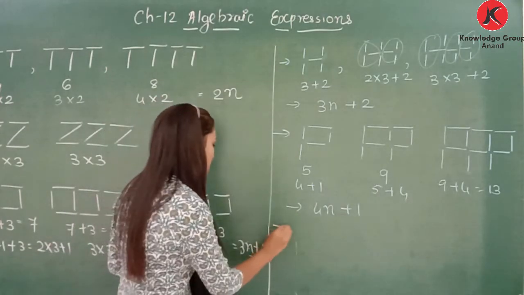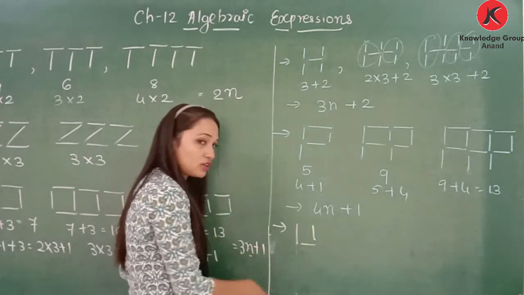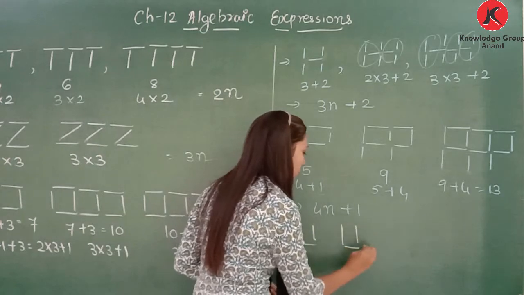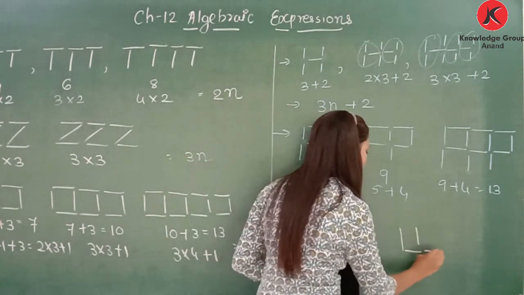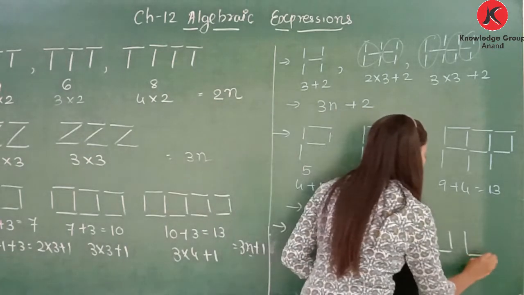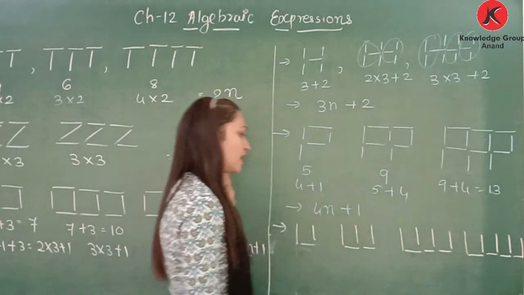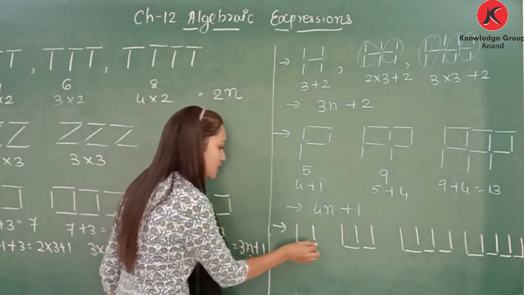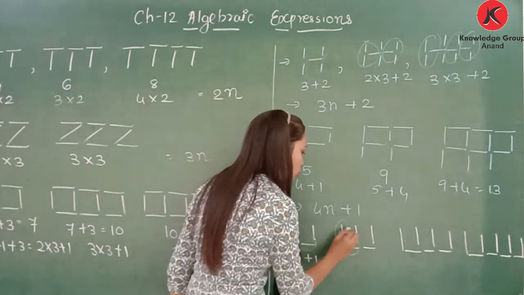If we take one more example like U, how many matchsticks are required? 3. For a consecutive pattern, we need to add 2 more. For the next consecutive pattern, we again need to add 2 more. So every time we are adding 2 matchsticks, so we are considering this as 2 plus 1. 2 and 2.